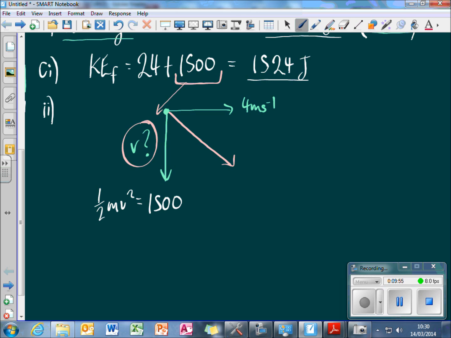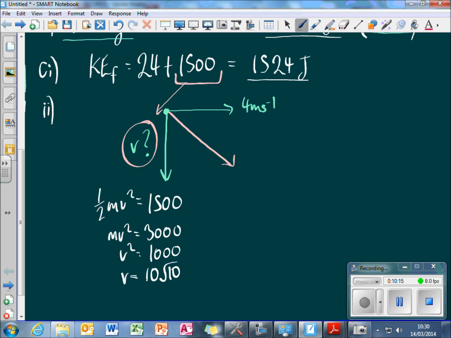So I've got mv squared equals 3000, v squared equals, m was 3, so that's 1000. And so what's v? If you think you can revise that, just 1 mark. 10 root 10. The 1 mark would be that.